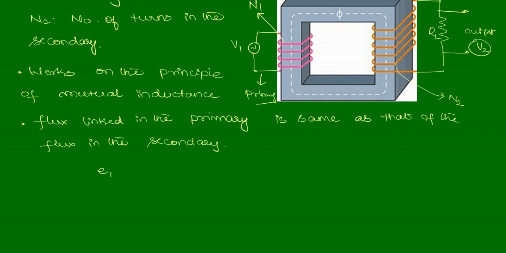So we can write V1 is equal to minus N1 into d phi by dt.